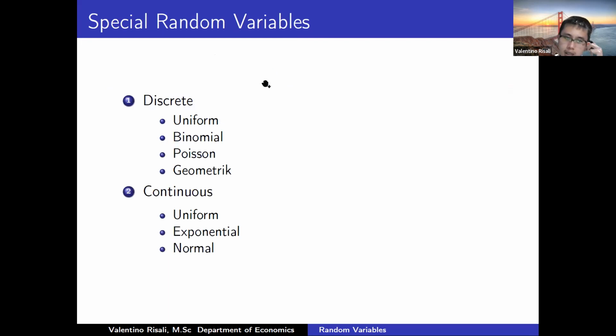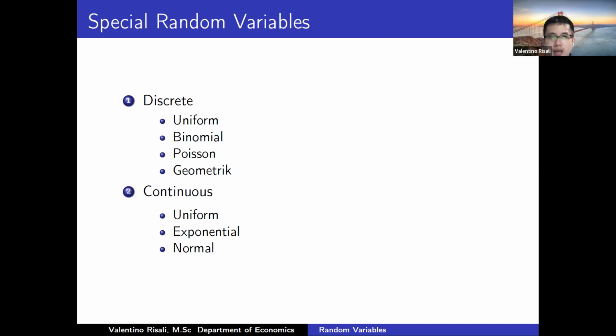Okay. For the next is the special random variables. In this lecture, we only consider some of them. That is, for the discrete case, there are uniform, binomial, Poisson, and geometric. And then for the continuous case, we have uniform in the continuous sense, and then exponential, and also the normal.